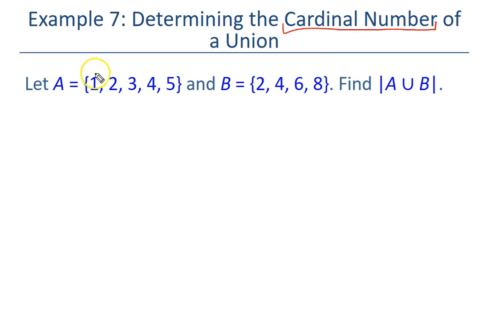So we see that this set had 1, 2, 3, 4, 5. This set had 1, 2, 3, 4. But there are some repeats. We have to eliminate the repeats. So we want to find the cardinal number.